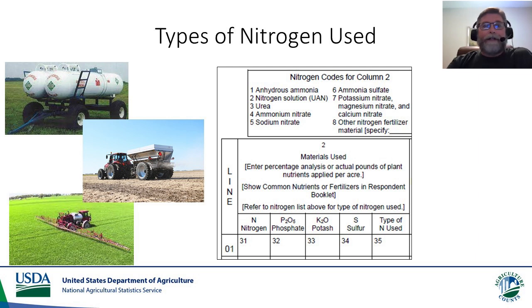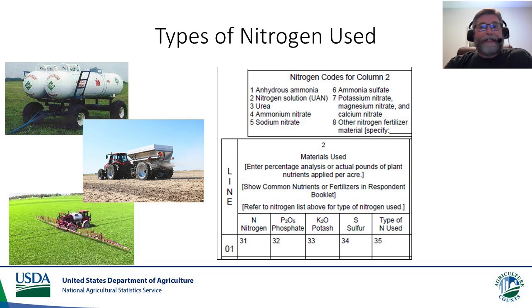There's a column called type of nitrogen used. And you're going to ask the farmer, which form of nitrogen did he use? Please refer to the codes above the table. Item 1 is anhydrous ammonia, 82-0-0. Number 2, liquid nitrogen, UAN, is either 28% or 32% nitrogen. Urea is a dry product, it's 46-0-0. Ammonium nitrate is a dry product, and it's 34-0-0.